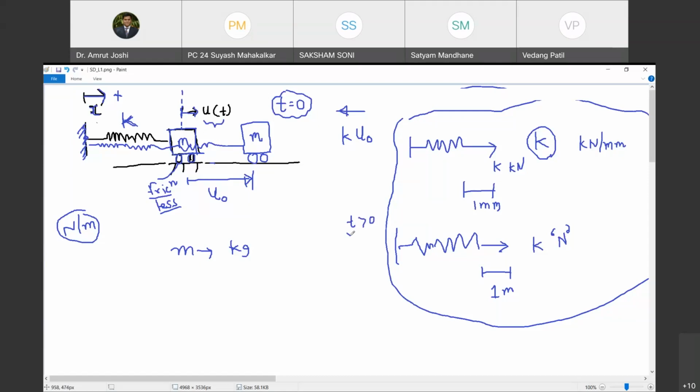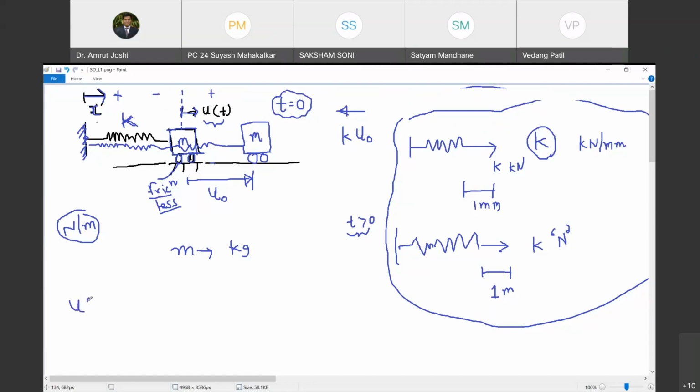Are you with me? Yes, sir. u of t is the position of this block at time instant t, which is greater than 0. It will be positive if the position is towards the right of the mean position. It will be negative if the position of the block is towards the left of the mean position. So what have I defined?